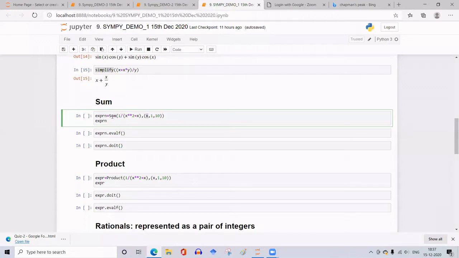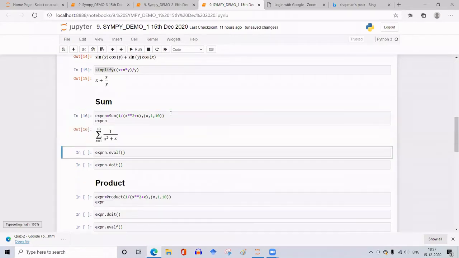So I want to write this in the form of sigma, x varying from 1 to 10, of 1 over x square plus x. I am designating it by the variable name expr, and then calling that expression to print the result of this line's execution.